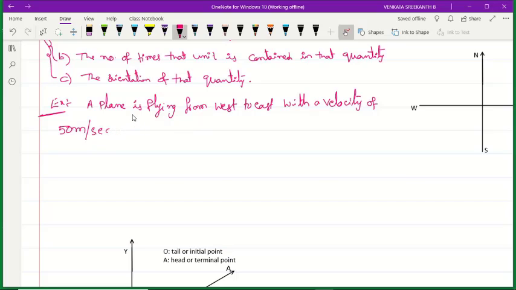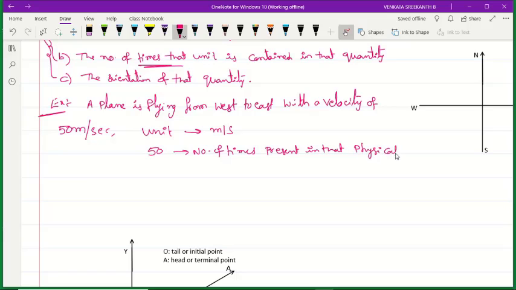In this case, the unit is meters per second. 50 is the number of times it is present in that physical quantity, here velocity.